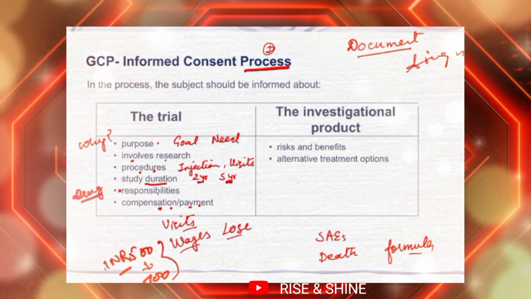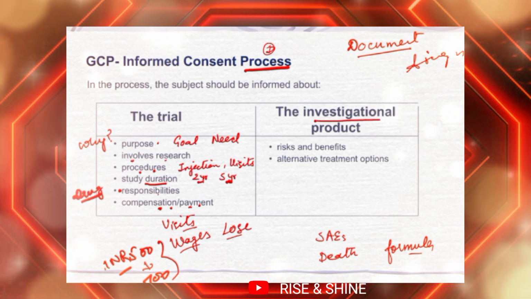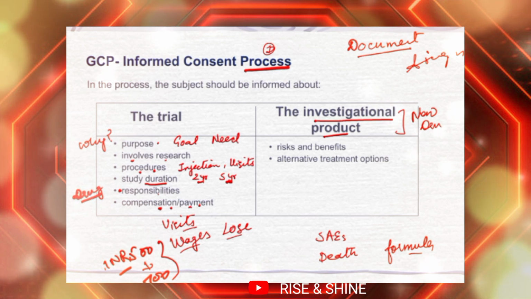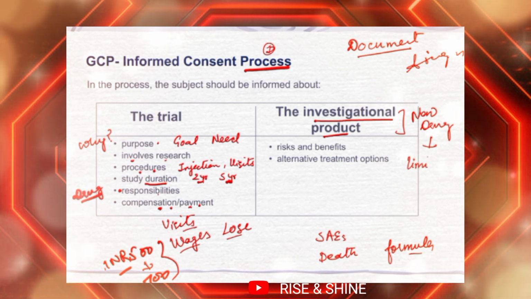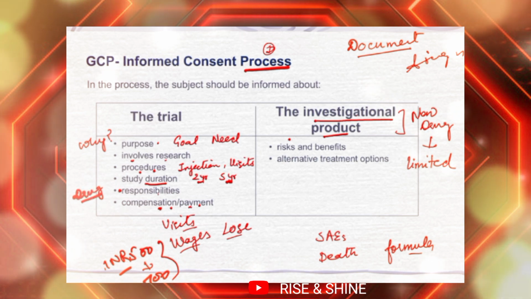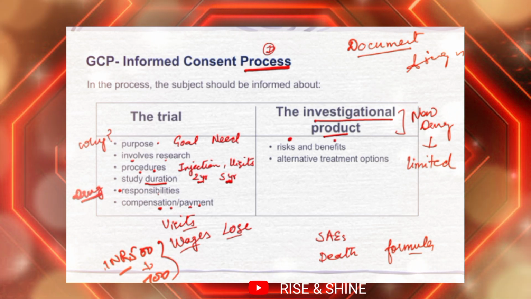Another key point, there can be many more, especially related to your investigational product. This is a new drug. When the drug is new, that means the information on that particular drug is limited, correct? So this is investigational. You are doing research on a particular medicine, so information on it is limited. That means you have to carefully involve all the risks. All the risks can be AEs and SAEs known till date, and benefits.